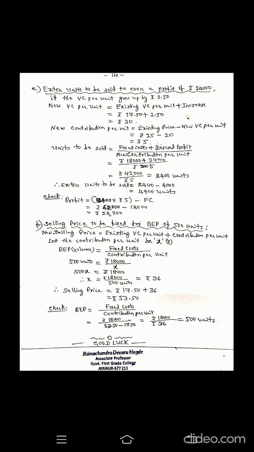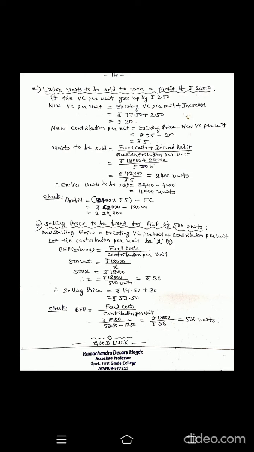BEP in terms of volume is equal to fixed cost divided by contribution per unit. Now, BEP, it is given 500 units is equal to fixed cost 18,000 divided by contribution per unit, we have assumed X. So, mathematically 500X is equal to rupees 18,000. Therefore, X is equal to 18,000 divided by 500 units.